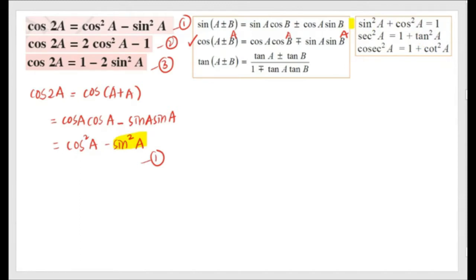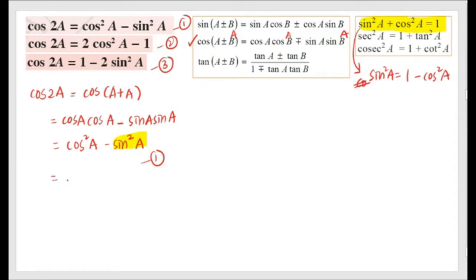We don't want sine square A, we want to change it into cos square A. So we can get it from here: sine square A equals, moving to the right hand side, 1 minus cos square A. So I put it inside.